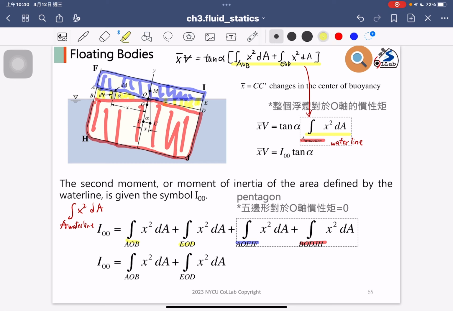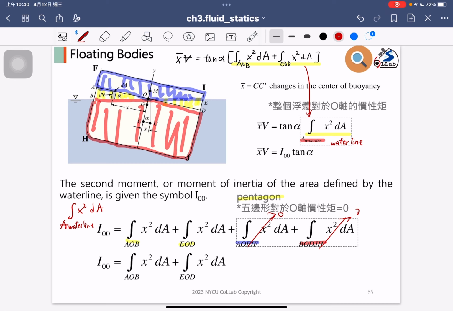I highlight an idea here. Because the AOEIF and the BODJH are pentagon shapes, and theoretically for all of the pentagon shapes, their second moments are always equal to 0. So we don't have second moment terms for these two integrations because their shape is the pentagon.